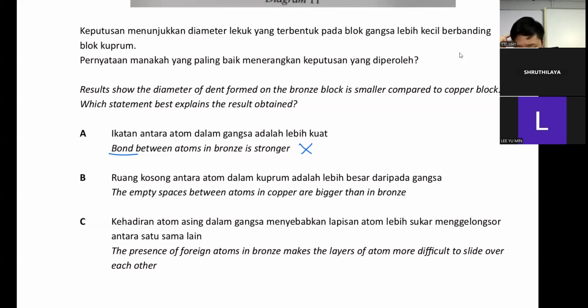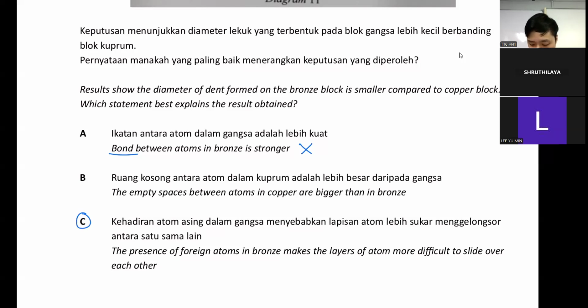B could be, but B is not the best answer. Actually, it might have empty spaces, but it's not the best answer. Normally you explain in theory is C.